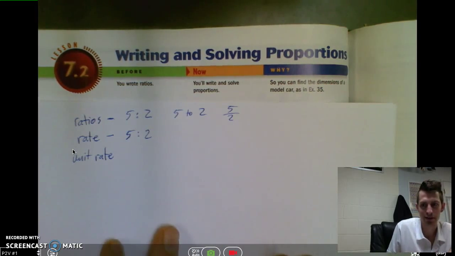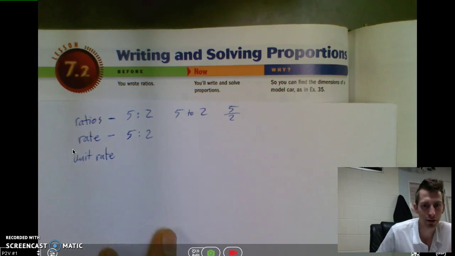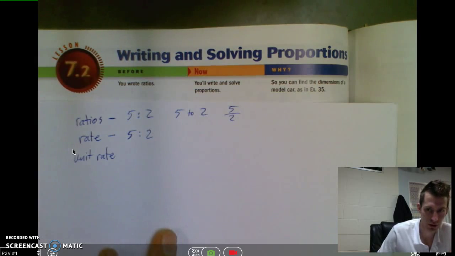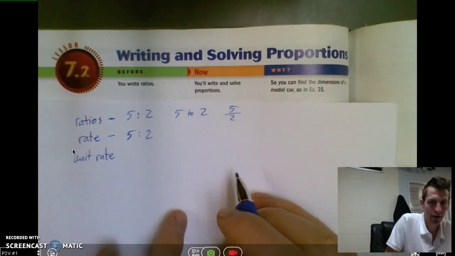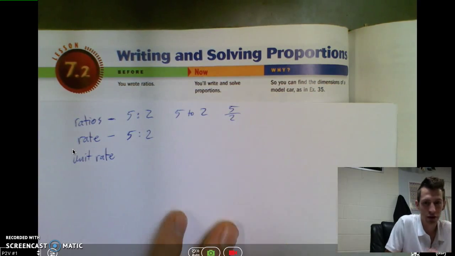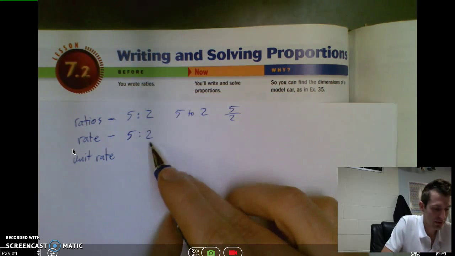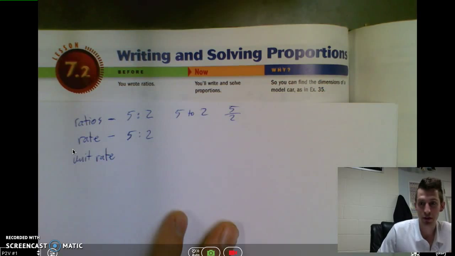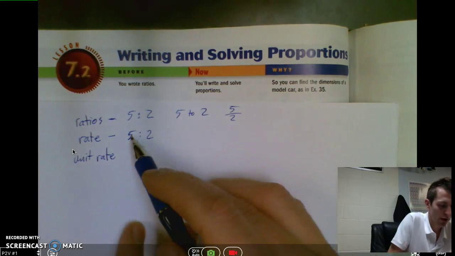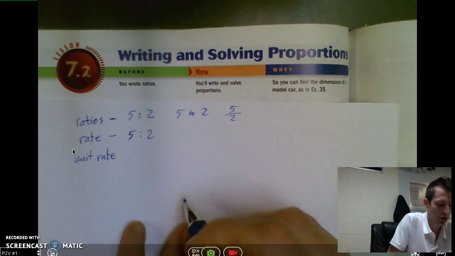So at the, I don't know, San Diego Zoo, they have a whole bunch of cougars and a lot of turtles too. This is obviously not true, but let's say the ratio of cougars to turtles is 5 to 2. So if they have 6 turtles, that's times 3. That means they have 15 cougars, right? So you're comparing 2 different things, cougars to turtles.